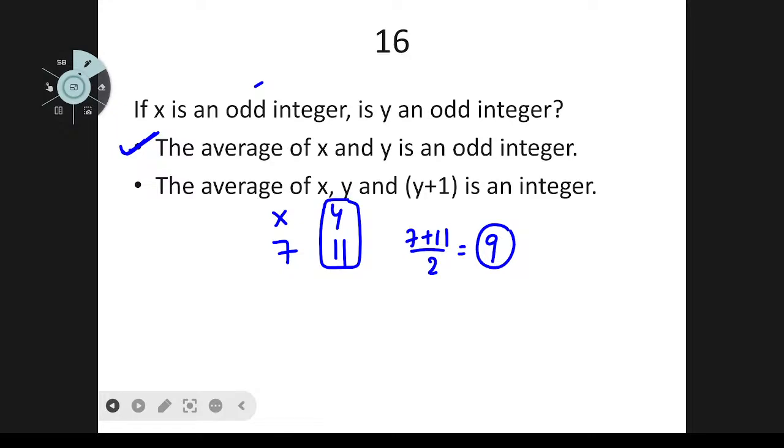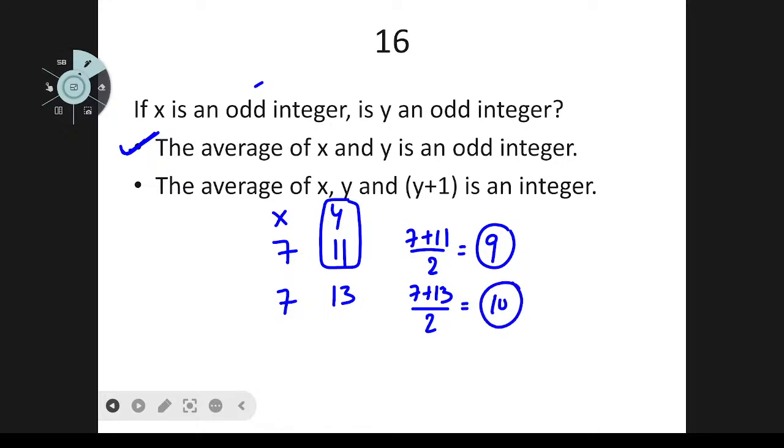Now I have taken only one condition. Can I take any other example and see? Instead of this, if I take x as 7 only and take y as 13, this will become 7 plus 13 divided by 2, which is equal to 10.